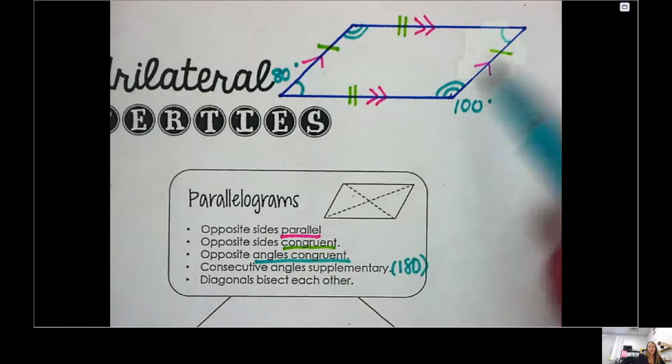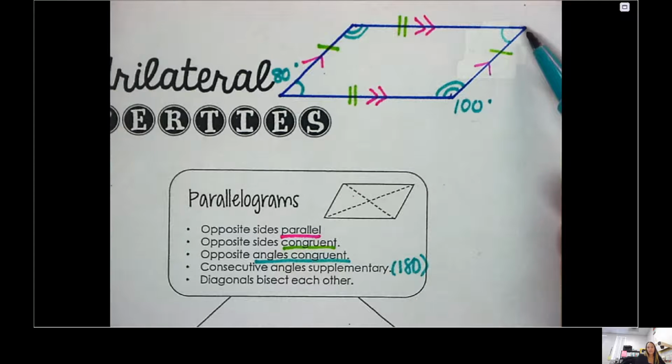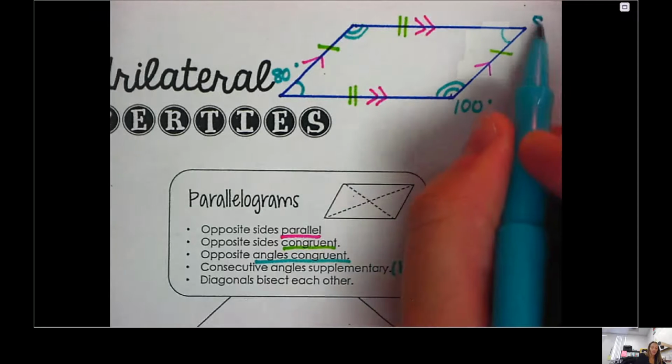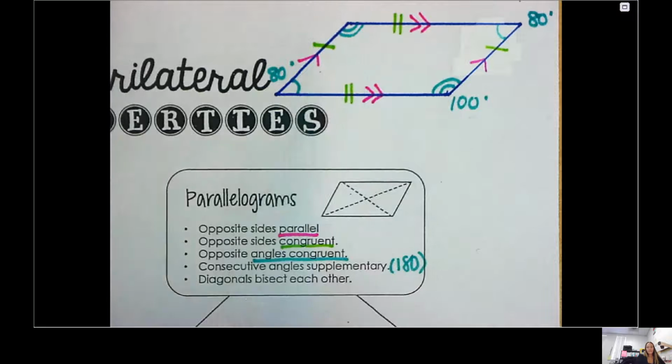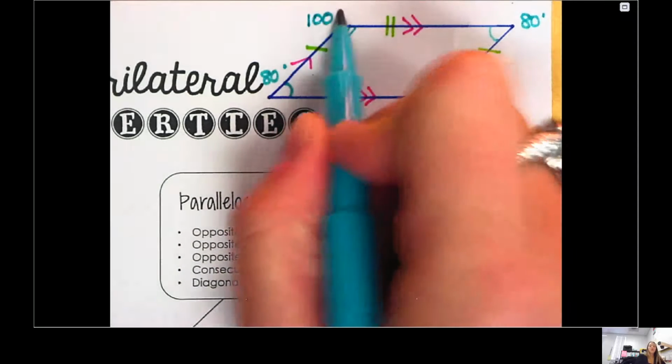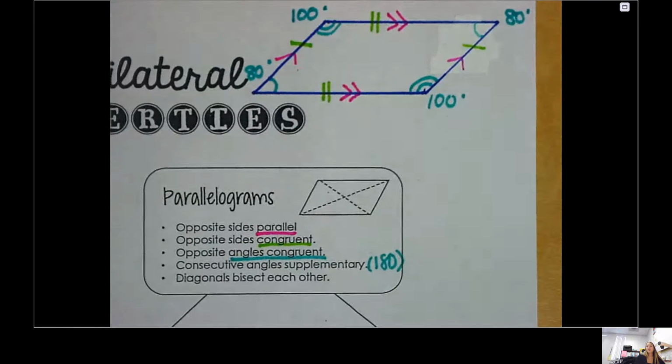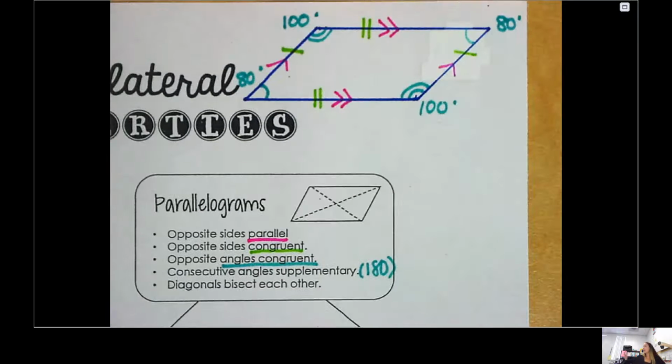And then what would this one over here have to be on the same line? 80, yeah, 80 and 80, these two are the same, and these two are supplementary. And then what about this one? 100, yeah. So hopefully what you're noticing in parallelograms is it's a lot of the same thing, over and over again.